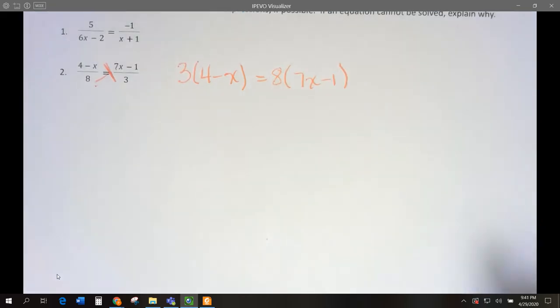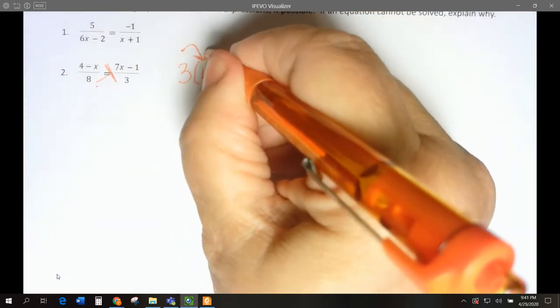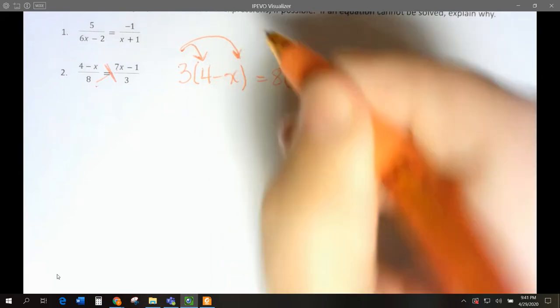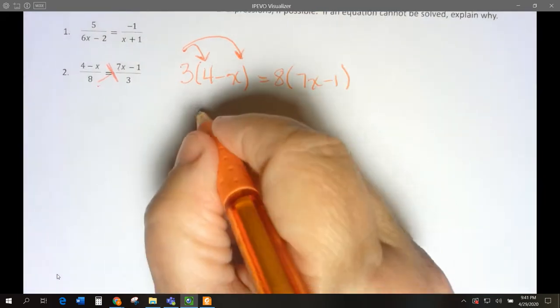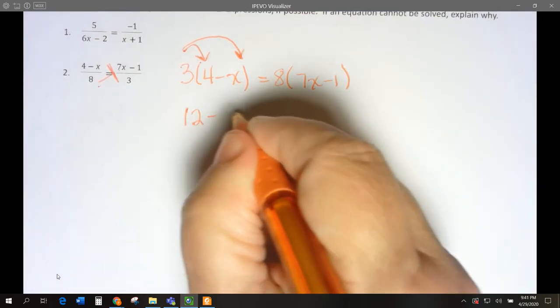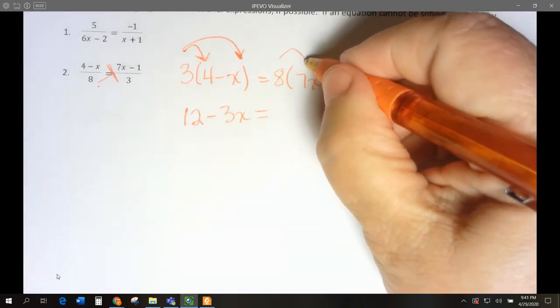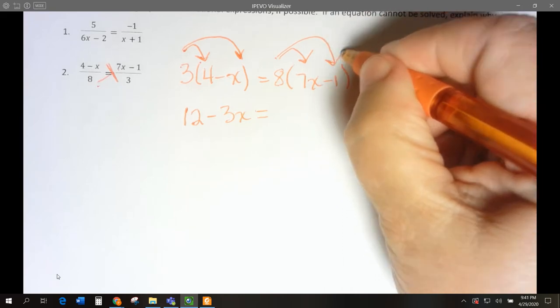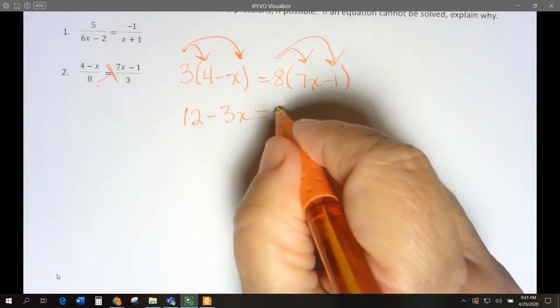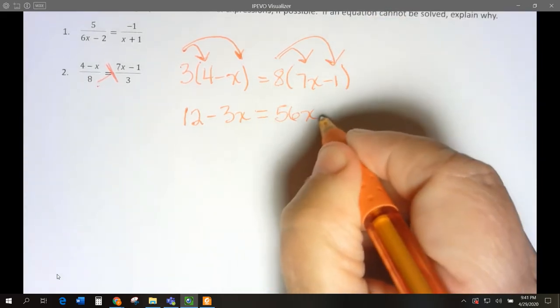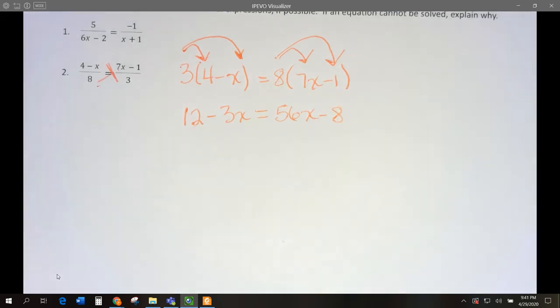So we're going to start now with our distributive property. It's going to give us 12 minus 3x equals 56x minus 8.